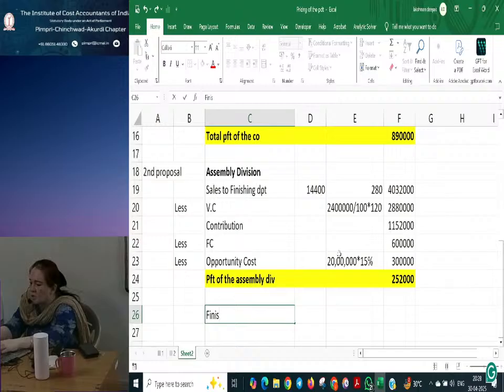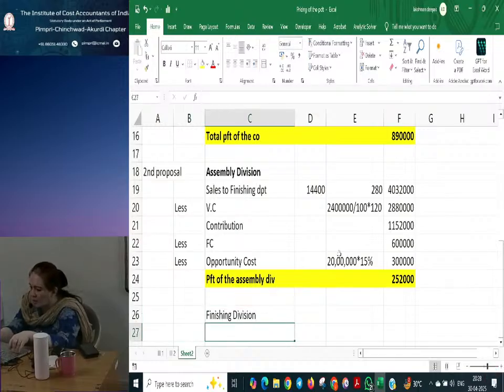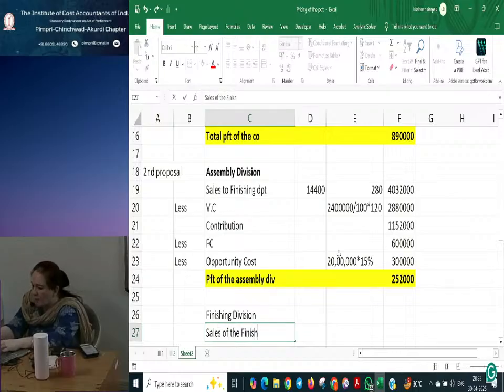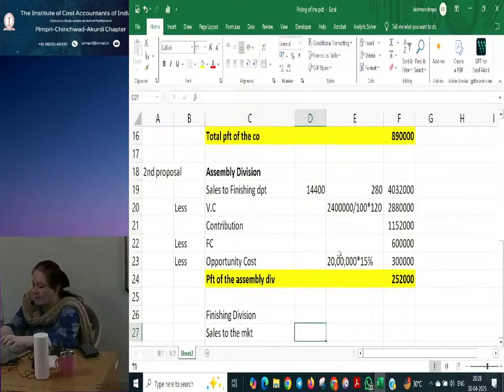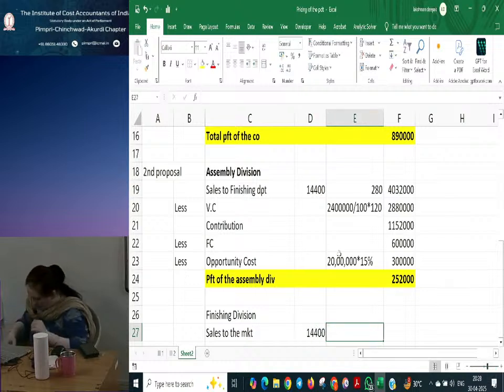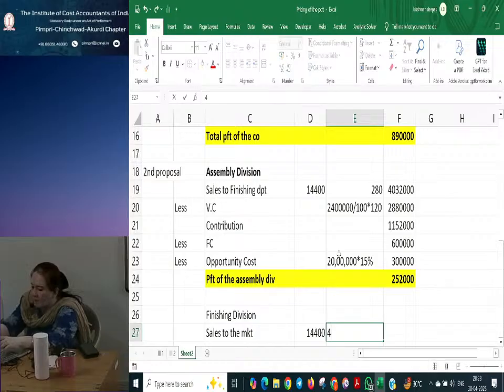So finishing division, now it's going to change because the inflow is going to be different. So sales of the finishing department, that is sales to the market, entire 14,400 will be sold out at how many rupees? 450 rupees per unit.